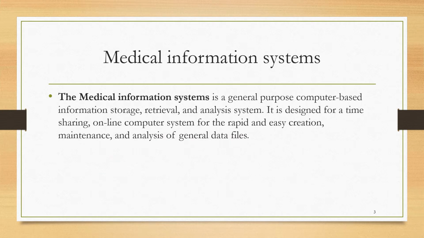Medical information systems. So what's the medical information system? The medical information system is a general-purpose computer-based information storage, retrieval, and analysis system. It's designed for time-sharing, online computer system for the rapid and easy creation, maintenance, and analysis of general data files.